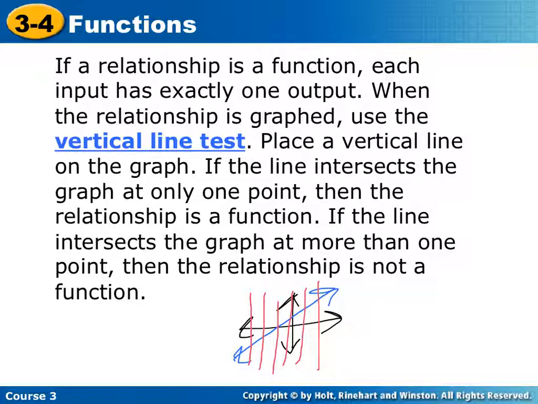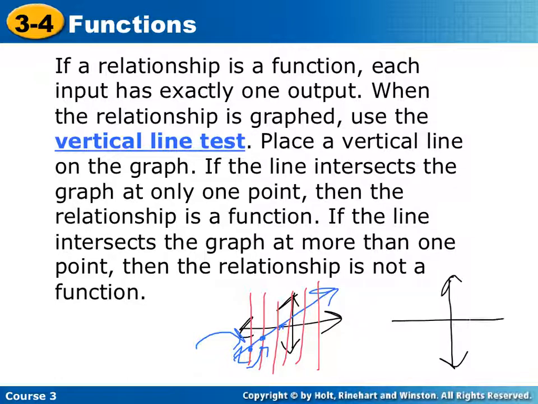For instance, my blue line is only intersected by this red line at that point, by the second red line at one point, and the next red line at another point. So this is a function.